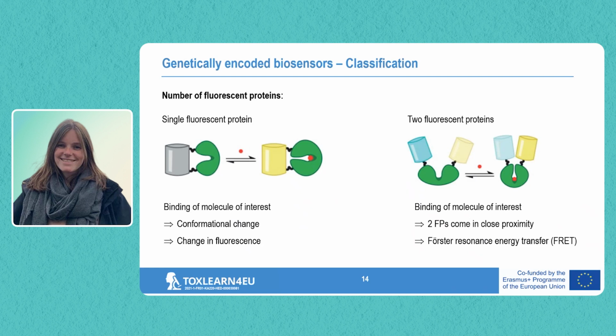And then instead of the CFP emitting light, it will actually transfer this trapped energy to the yellow fluorescent protein. And then it's instead of the CFP, the YFP that will start emitting fluorescence. And this process of transferring the energy, it's called Förster resonance energy transfer, or in brief, FRET.